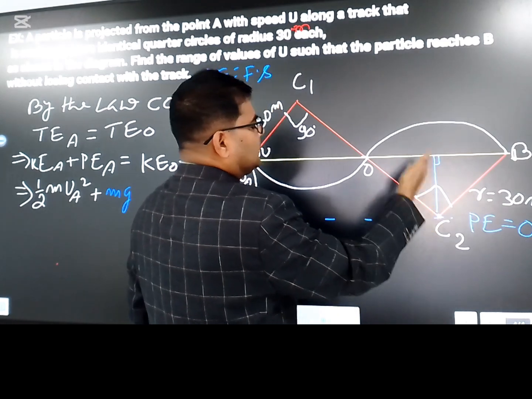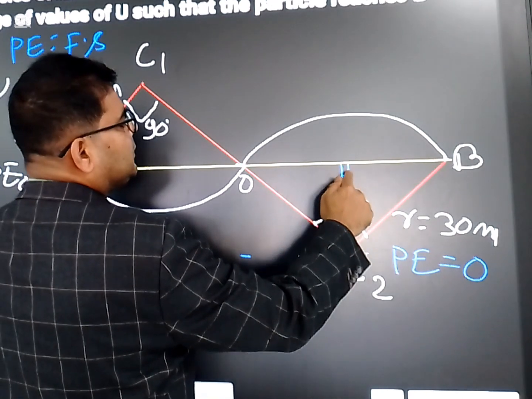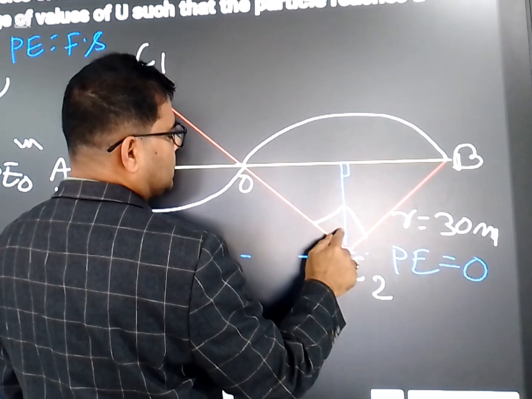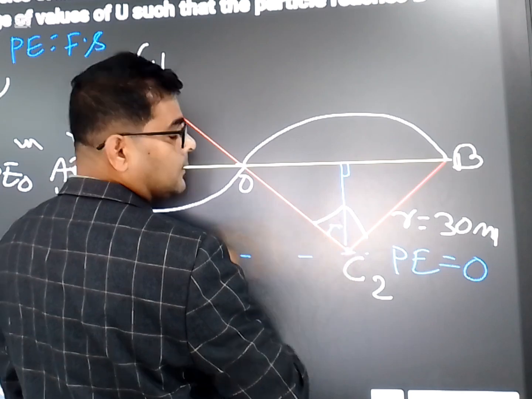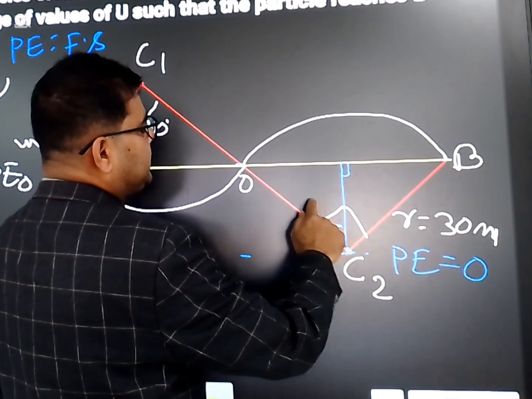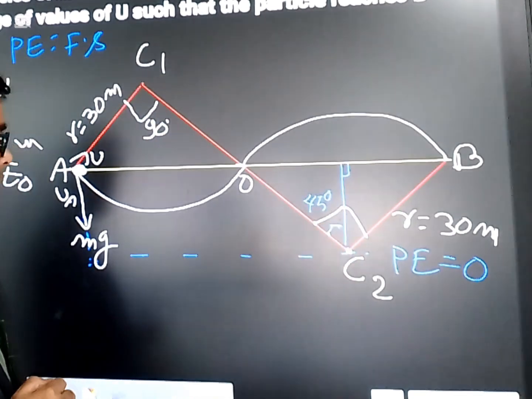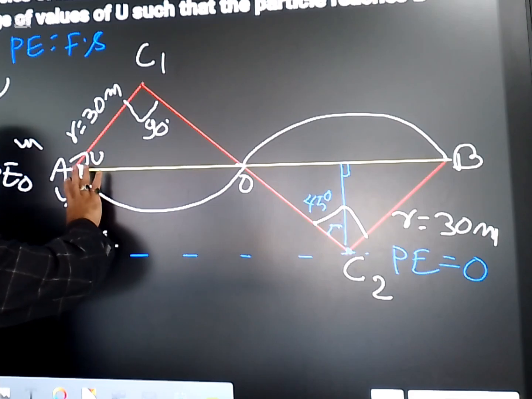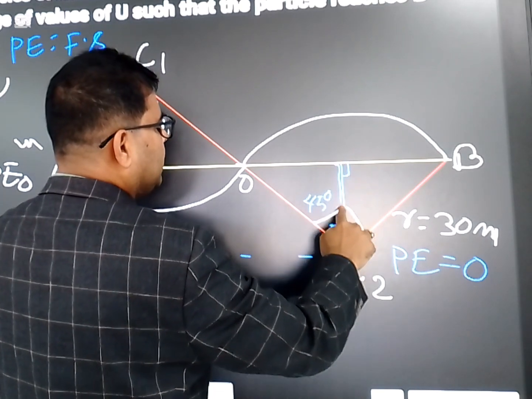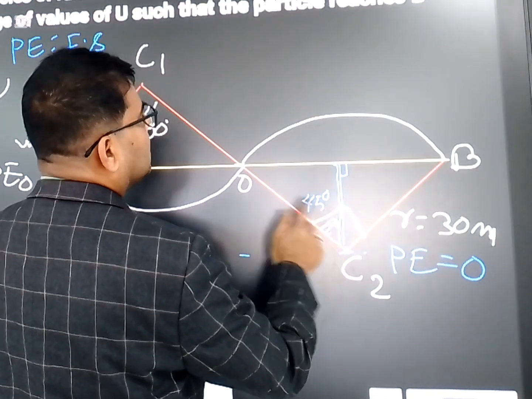By the property of an isosceles triangle, if this is perpendicular, then it will bisect this line and also bisect this angle. So the whole angle is 90 degrees, that means this angle is now 45 degrees, on our side also 45 degrees. Now we are concerned to find this height, that means you have to find this length. So use trigonometry for this angle of 45 degrees.